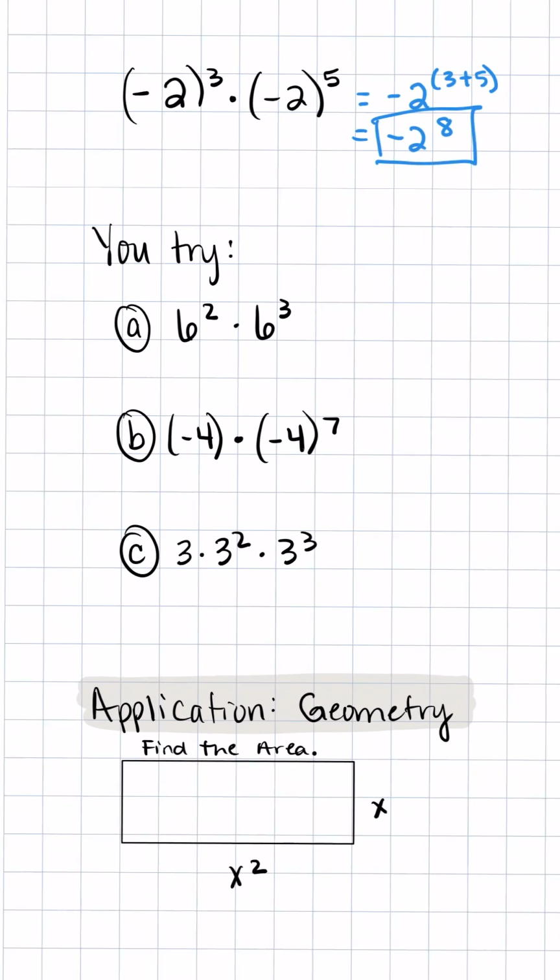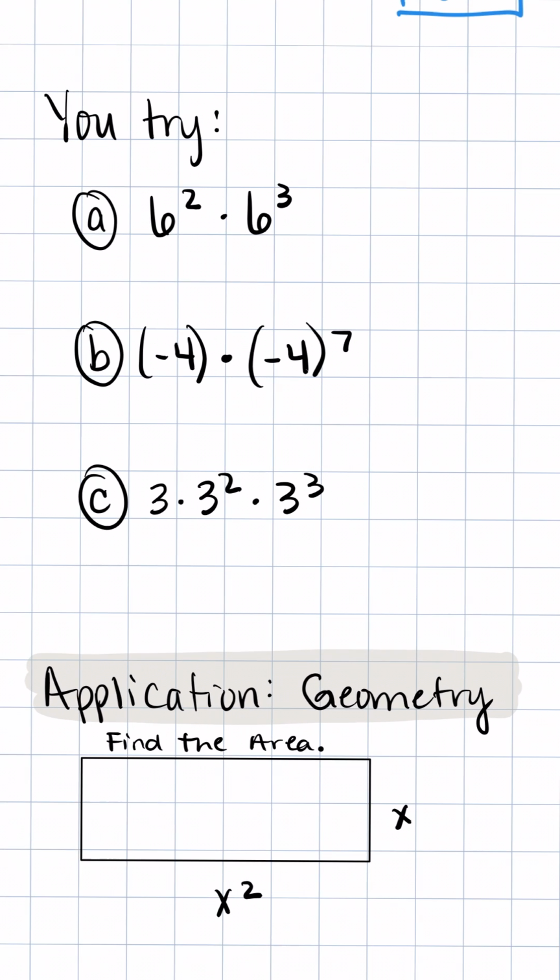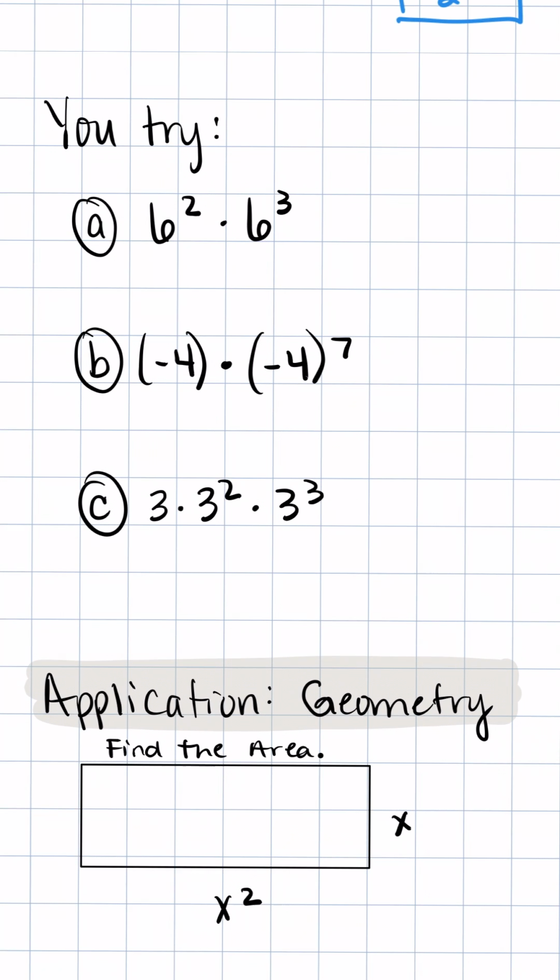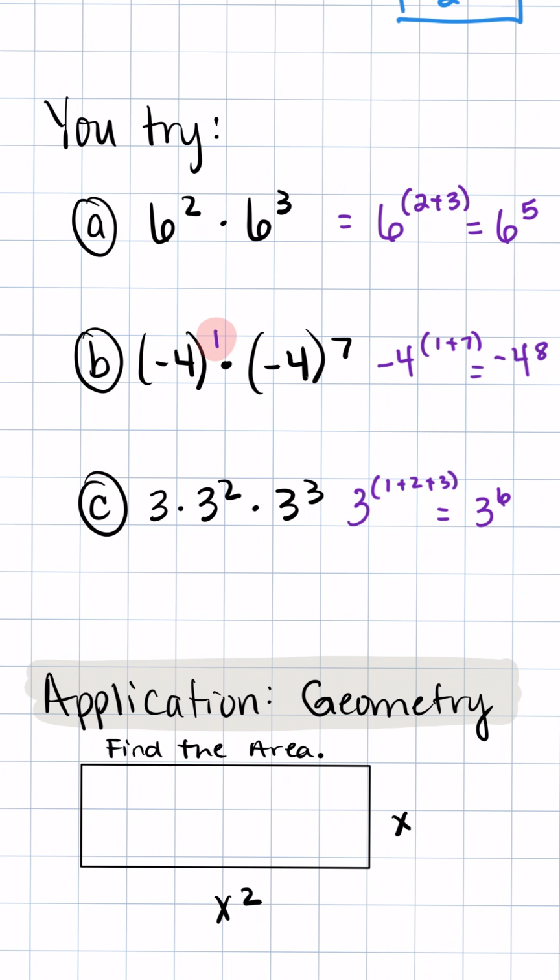So there's 3 here. Go ahead, press pause, try them on your own, come back to me when you're done. Let me give you a clue on one of these first. If it does not have a number, like this one doesn't have a number, that's like saying it's a 1. Okay, come back to me when you're done. Okay, for the first one, you should have got 6 to the 5th power.